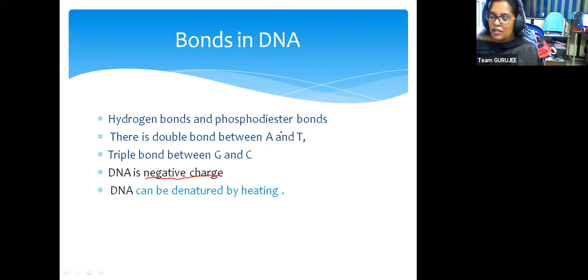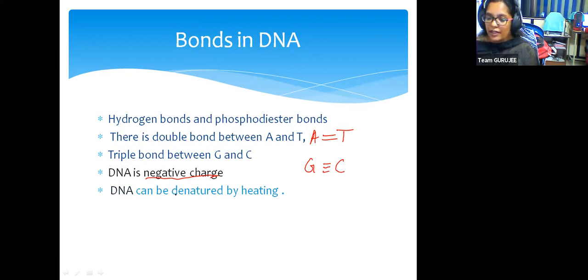There is a double bond between A and T, and a triple bond between G and C. Between adenine and thymine there is only a double bond; between guanine and cytosine there is a triple bond.